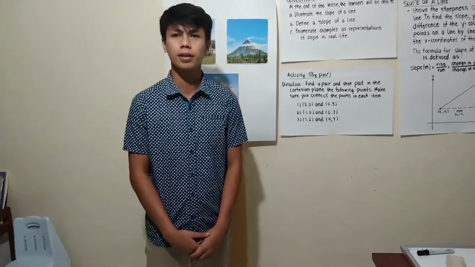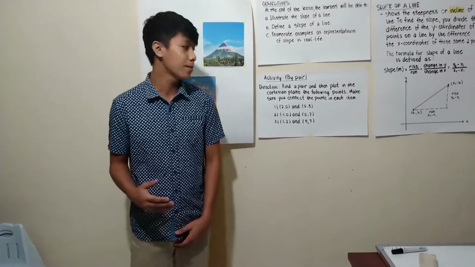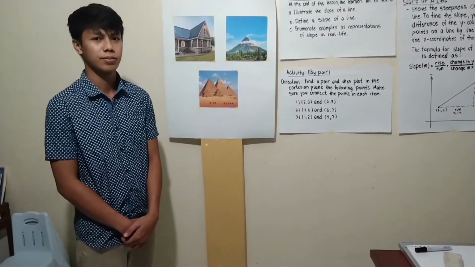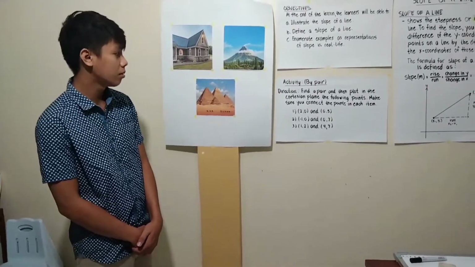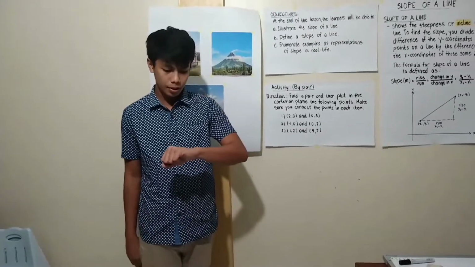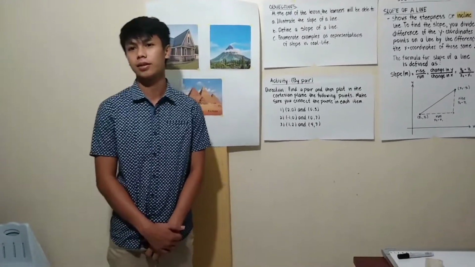Now, for our first activity, this is by pair. So, kindly read the direction. Okay, very good. So, find your pair and for this activity, I will just give 5 minutes. So, start.